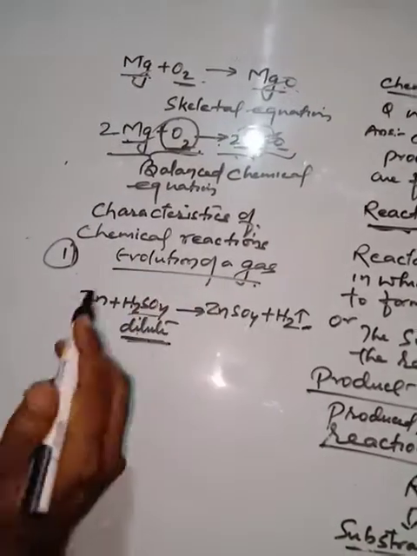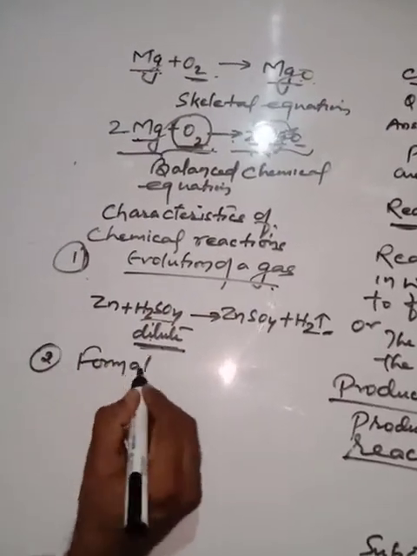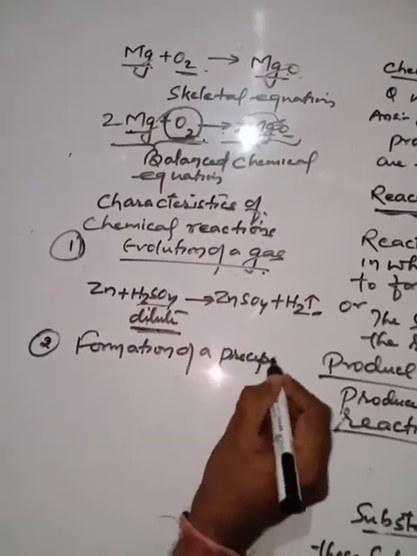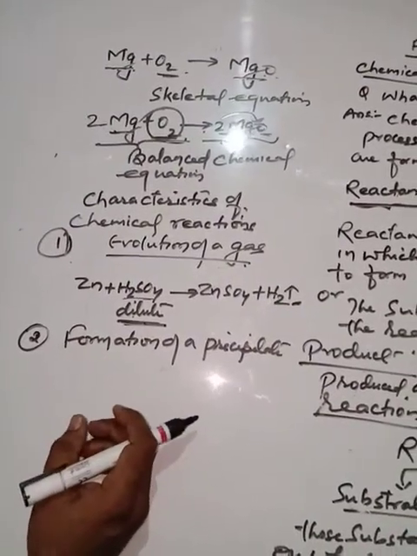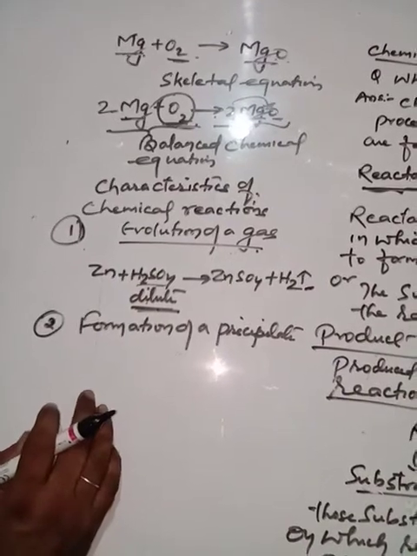This is the evolution of a gas, and secondly, formation of a precipitate. Precipitate means a solidifying mass, a turbid mass we will consider.